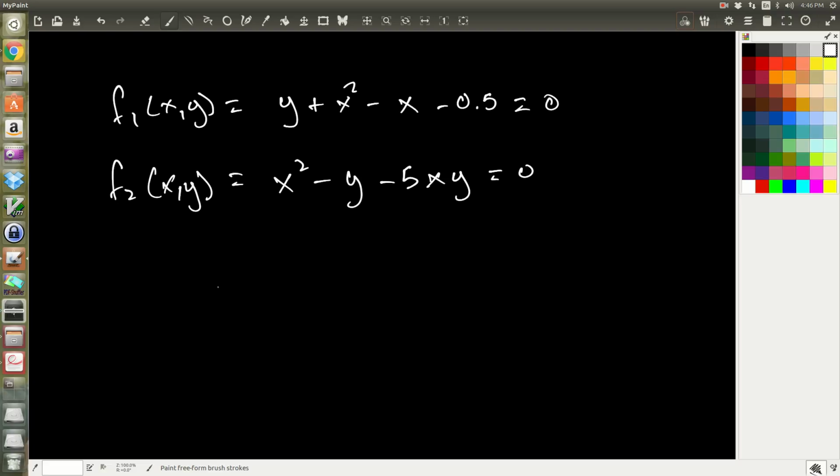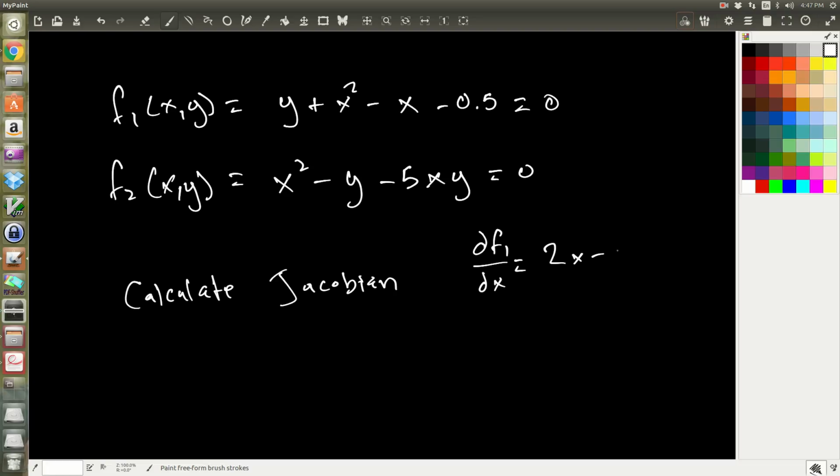Alright, so let's calculate the Jacobian. When we calculate the Jacobian, we get the following. So the partial derivative of f1 with respect to x is equal to 2x minus 1. And the partial of f1 with respect to y is just equal to 1.